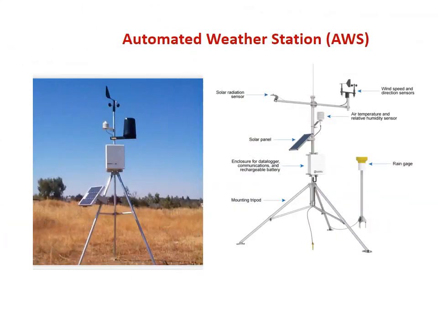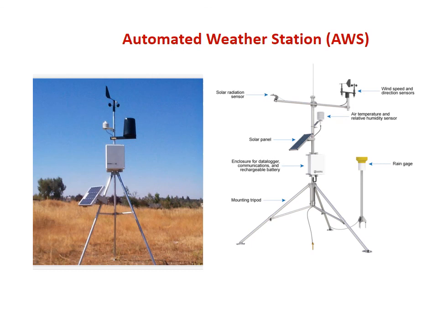Okay, in today's digital world, the entire weather measurement has gone into the digital way. For example, we have the automated weather stations, where you find all kinds of equipment fixed onto it which can measure different parameters of the air, like air temperature, relative humidity, rainfall, solar radiation, wind velocity, wind direction, and soil temperature. All these things can be measured with the same instrument.